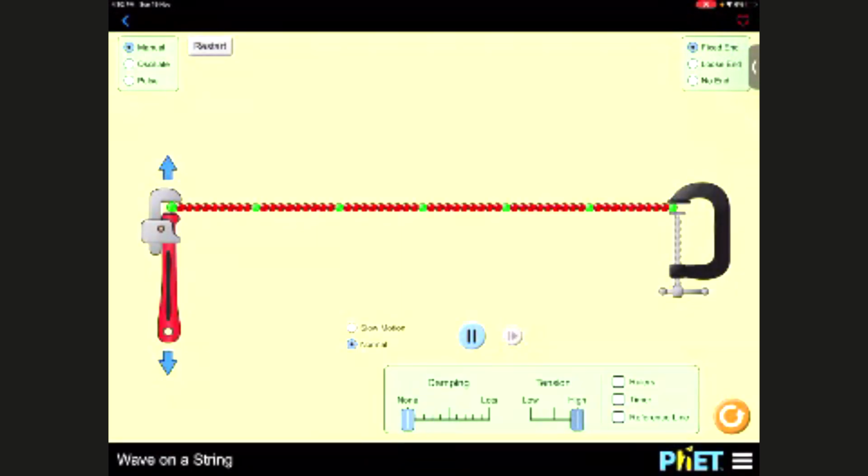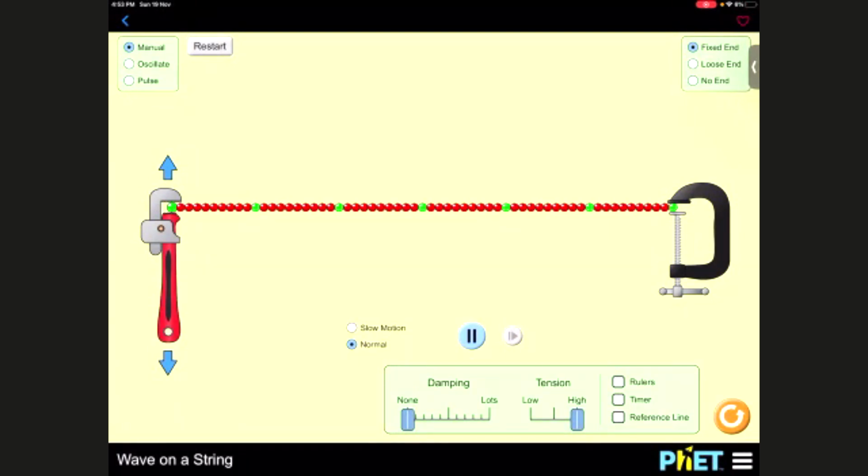We have a wrench, and there are these beads here, connected at the other end. I will move the wrench up and down. What is given to the wrench? Energy, right? And that energy is transferred forwards.